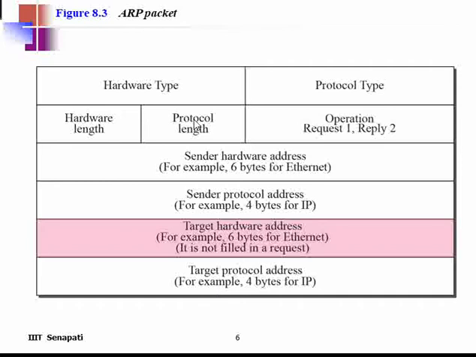Okay. Now the other thing is protocol type. This is again a 16-bit field which defines the protocol. Suppose the protocol used is IP version 4, then it has the value 0800 in hexadecimal.